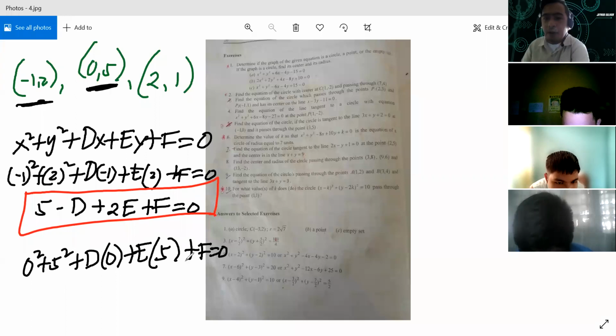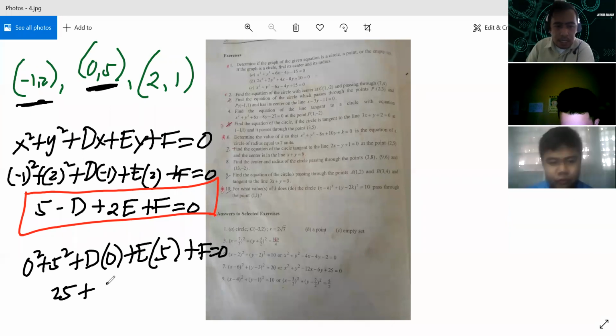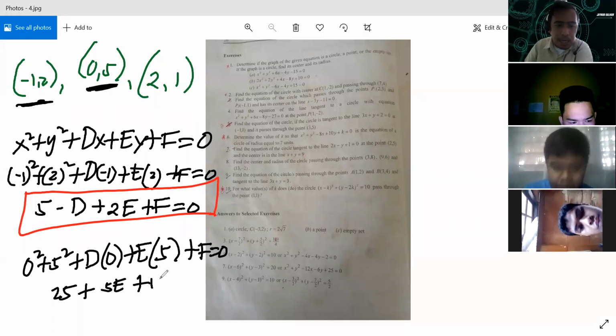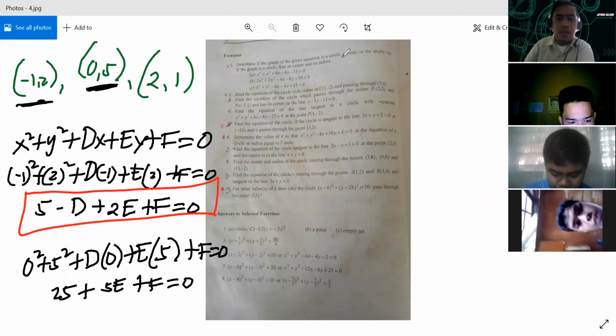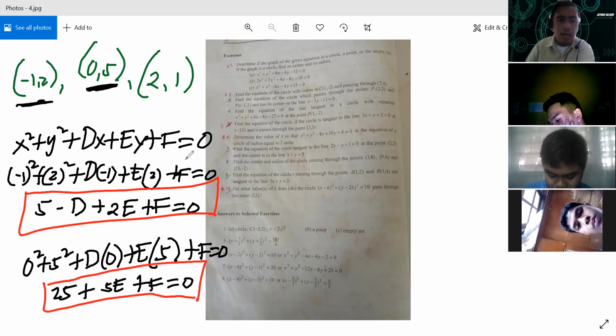And if you simplify this one, this will just be equal to 25 plus 5e, because this d will be eliminated. That is just 0 plus f equal to 0. So that is the second equation. We obtain the second equation by just using the second point.